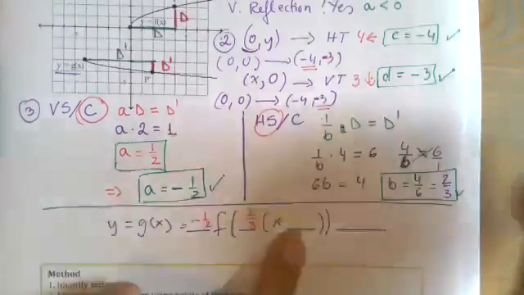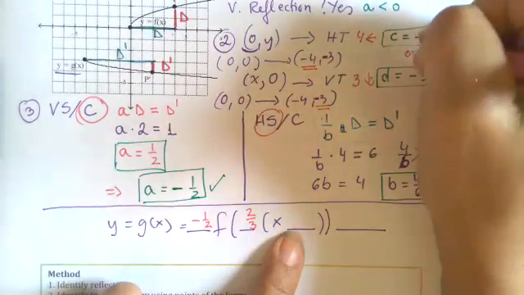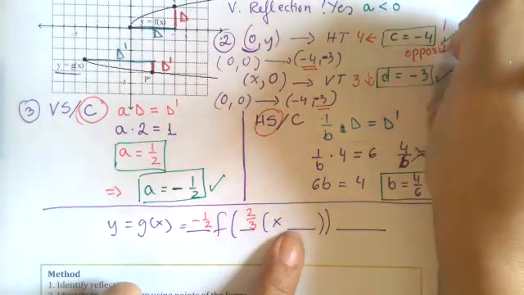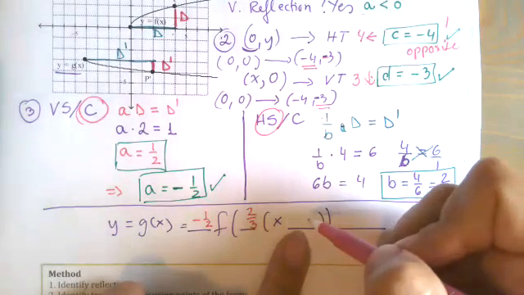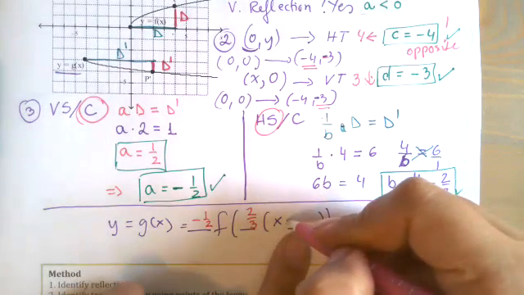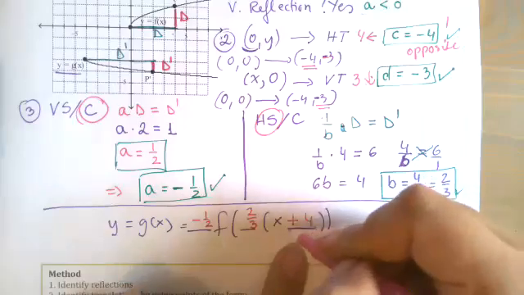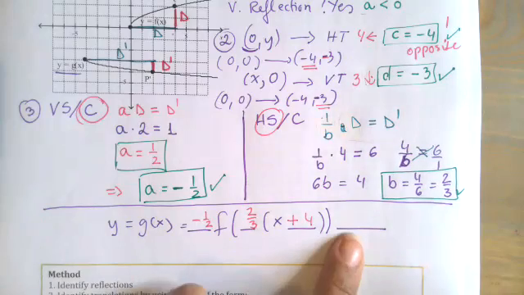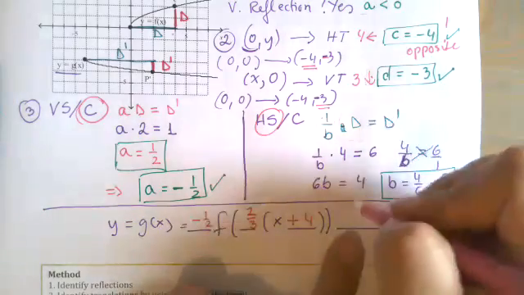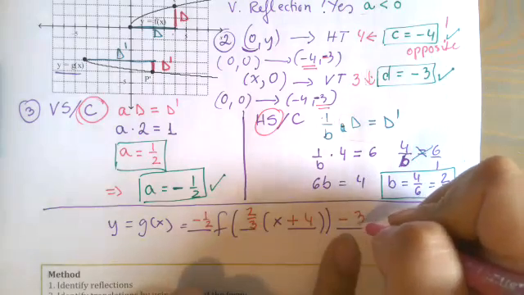Now for C, attention, opposite sign in the equation, okay? So you're not going to write x minus 4, you're going to write x plus 4, so you can read it as negative 4 when you do the transformation. And D just as it is, minus 3.